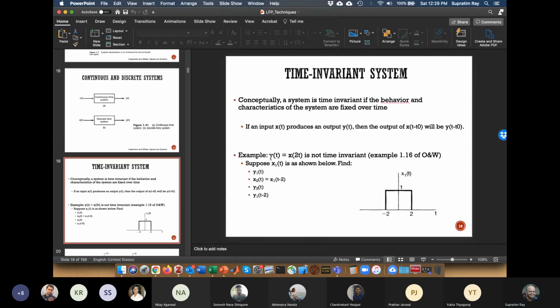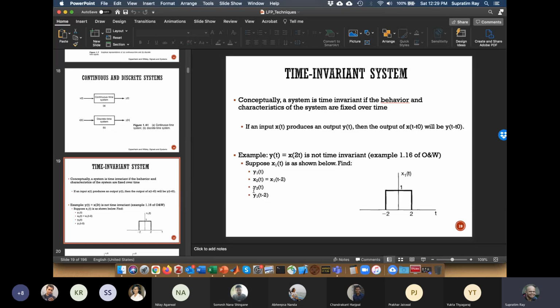So y of t is x of 2t. So I want to plot all of these: y1 of t, sorry, so this is x1 here. So y1 of t is what I plotted.